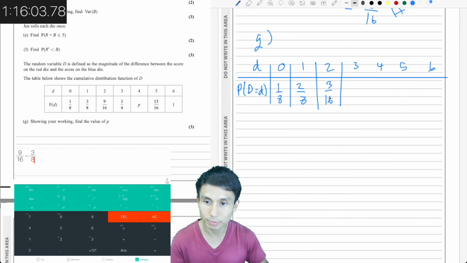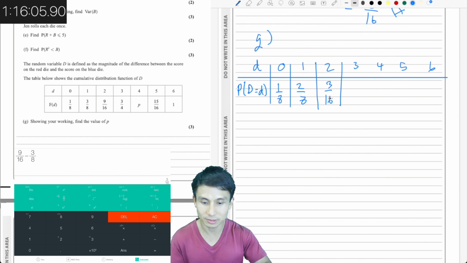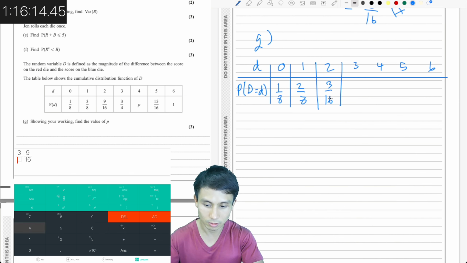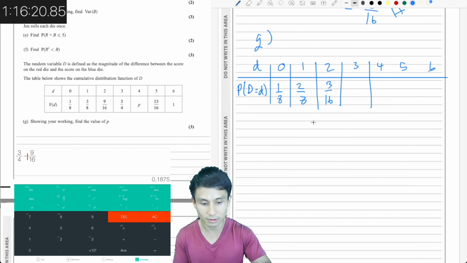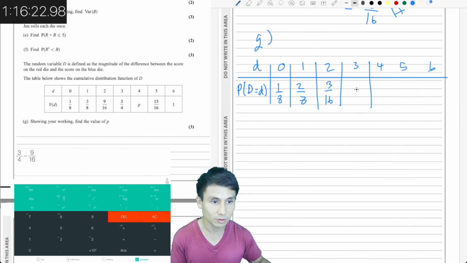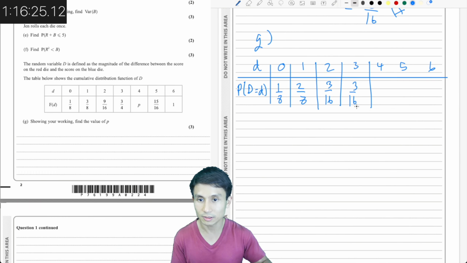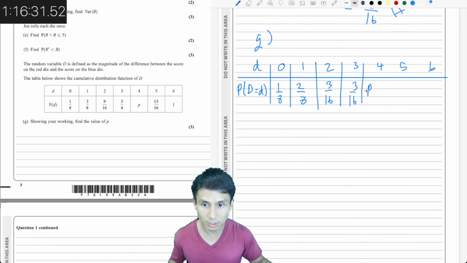Then 3 over 4 minus 9 over 16, we get 3 over 16 again. And then this one must be P minus 3 over 4.